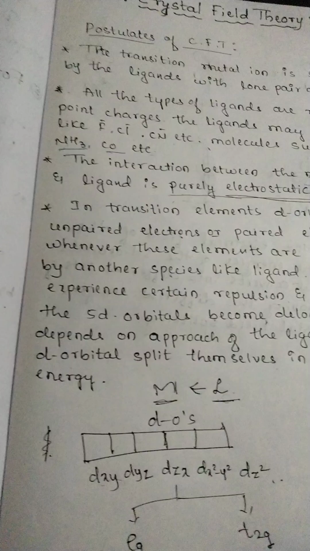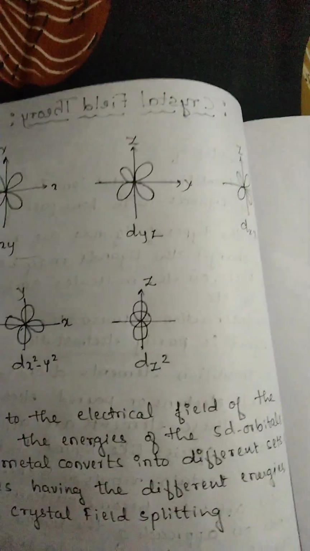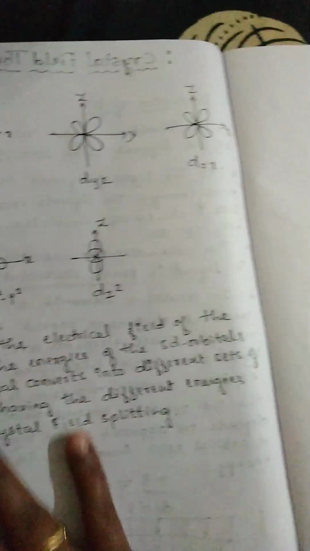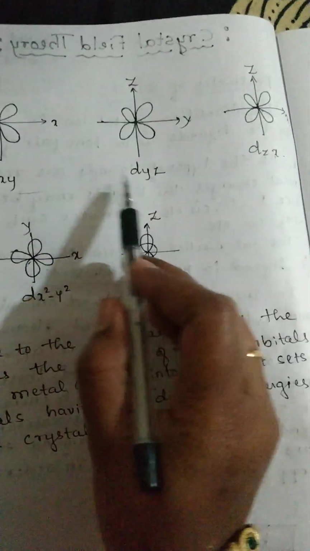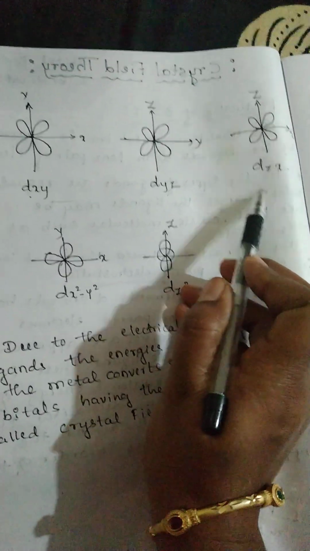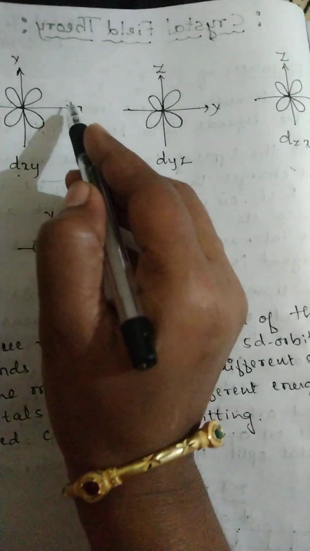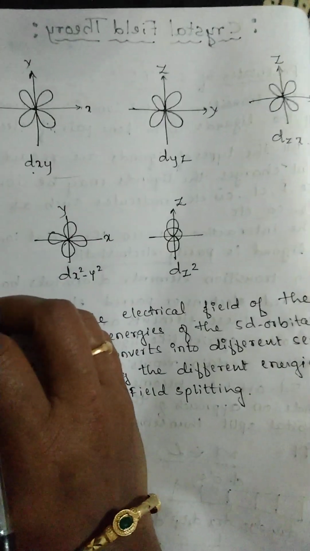We know the shapes of orbitals. The shape of a d orbital is double dumbbell.